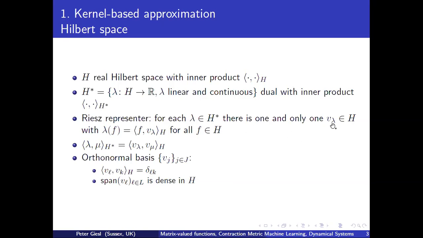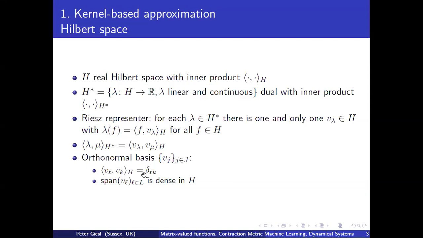There's one and only one element of H, so that we can write lambda of f as an inner product of f with this Riesz representer v lambda for all f. And we have this relation between two elements of the dual space and the corresponding Riesz representers in H.